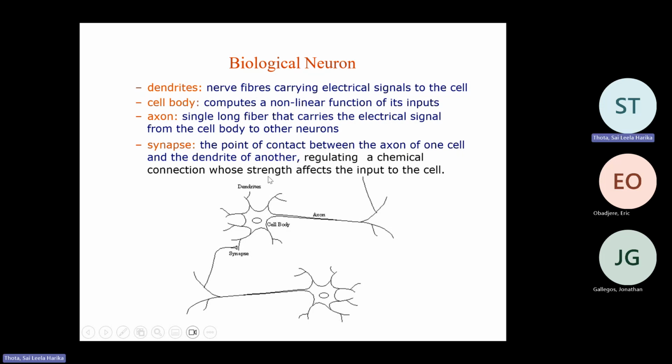Based on this concept, in the same way, the artificial neural network is built. Our biological neuron represents the actual artificial neural network. The cell body is the function that we apply in building the artificial neural network.